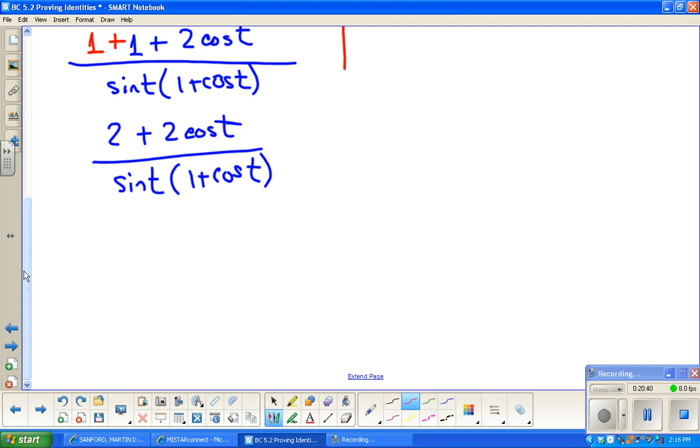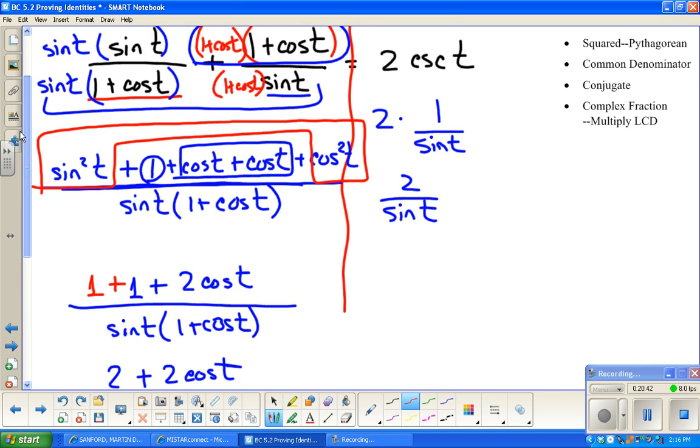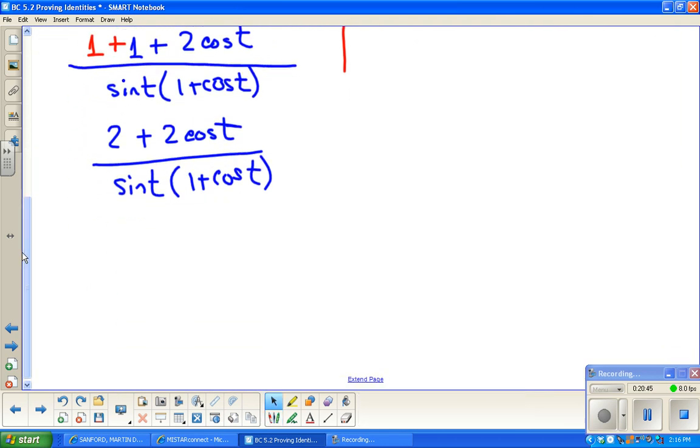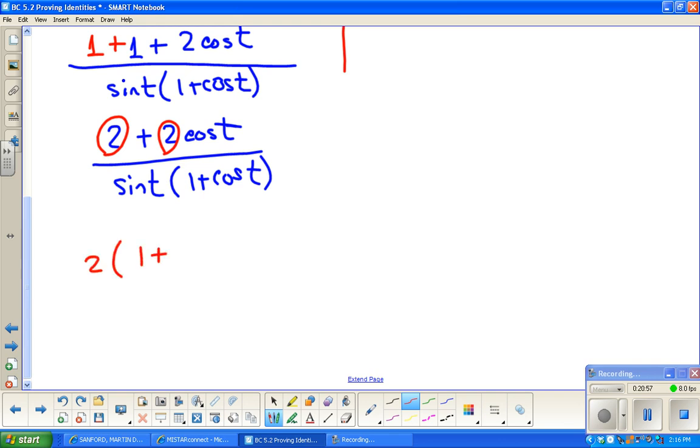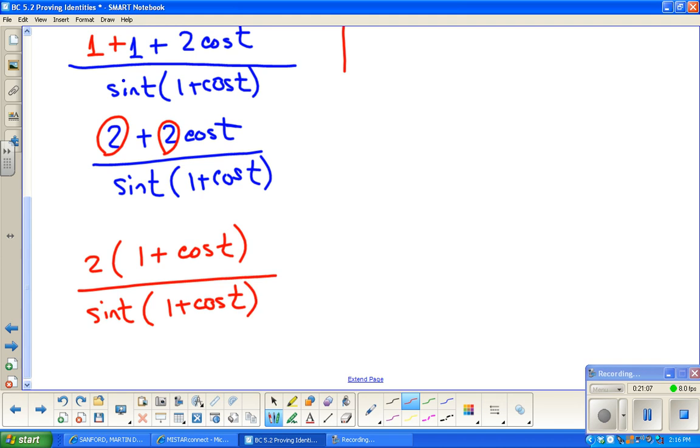Well, notice that on the right side, I'm supposed to have a 2 in the numerator, which means I really need just one of these 2's. Well, there's more than one way to make 1 2. I'm going to factor it out. On the bottom, just stare at it for a second.